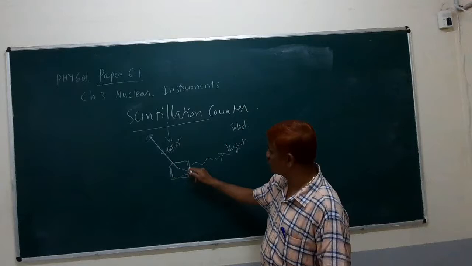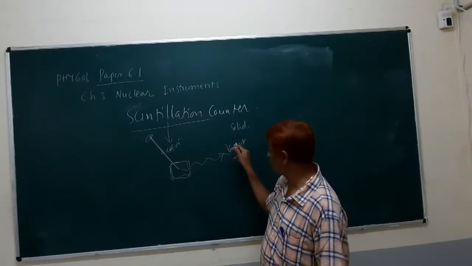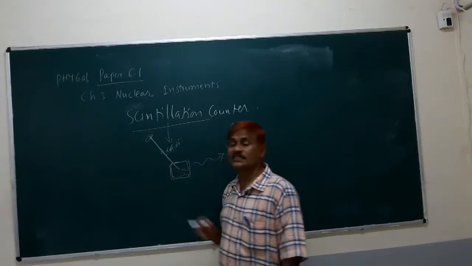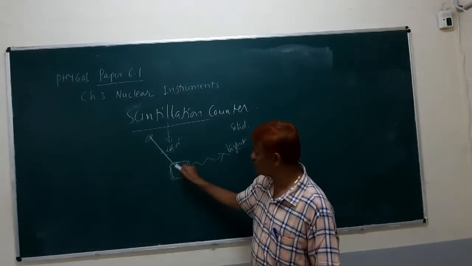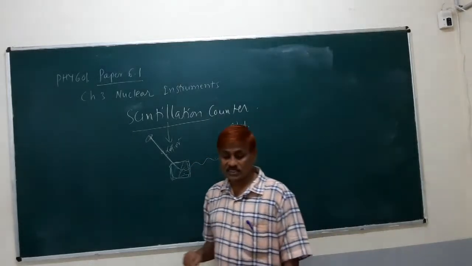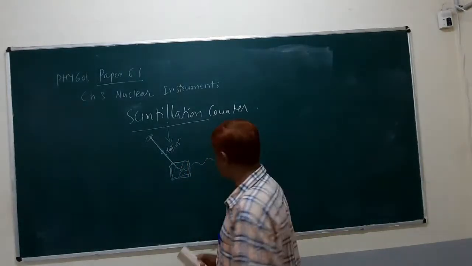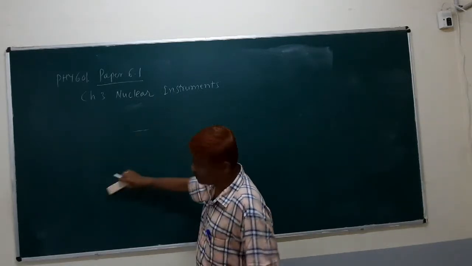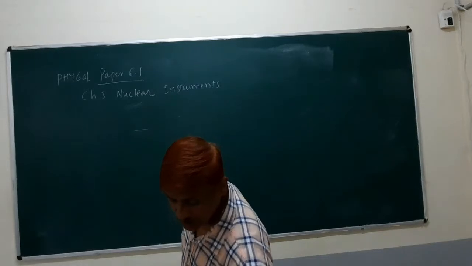The material which produces light due to the particle incident on it is called scintillating material, and the scintillation counter is based on this scintillation. Okay, now you can see the scintillation process.